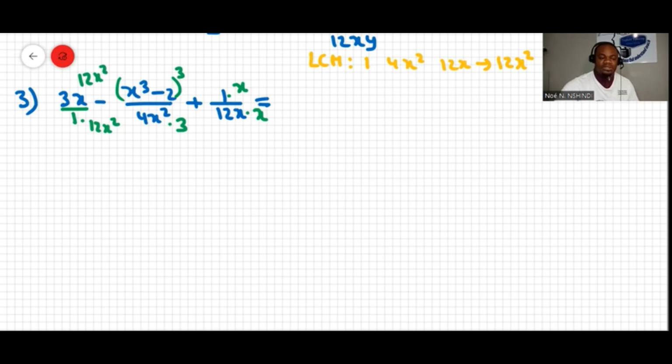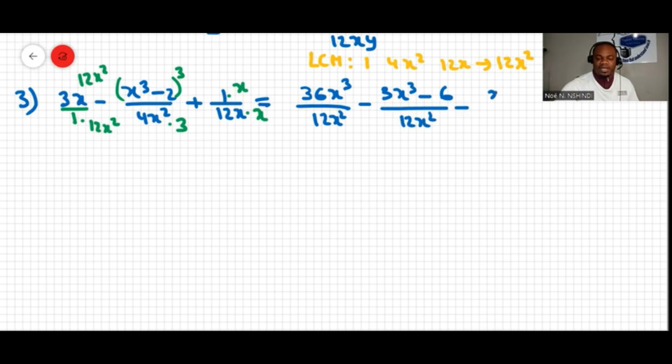Now let's work it out. 3x times 12x squared makes 36x cubed over 12x squared, minus 3 times x cubed minus 2 makes 3x cubed minus 6 all over 12x squared, plus x over 12x squared.